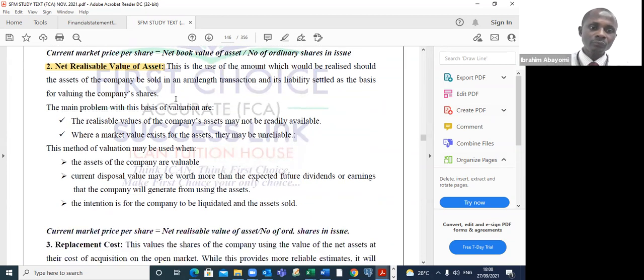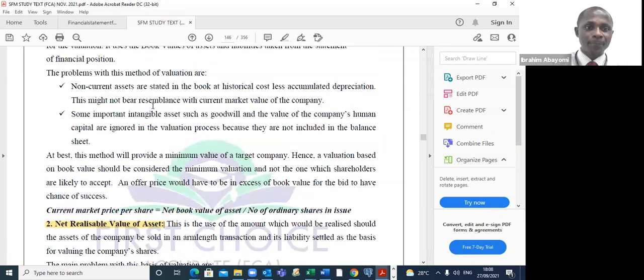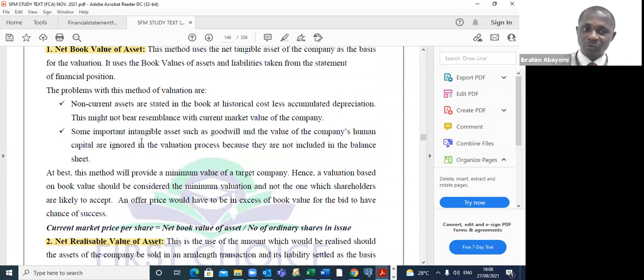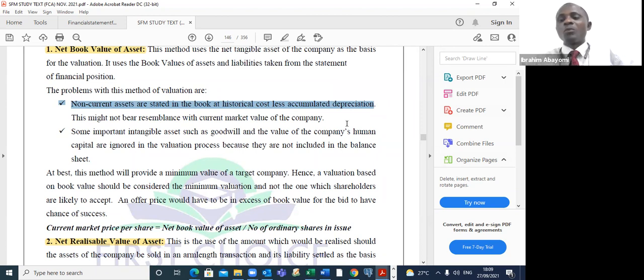Okay. Now, each of these valuation bases has their problems. Let me give you the problems one by one. If you are using net book value, one, assets are stated in book value as historical cost, less accumulated depreciation. You see, an asset that you bought 5 years ago will not have the same value as when you want to buy the same asset today.